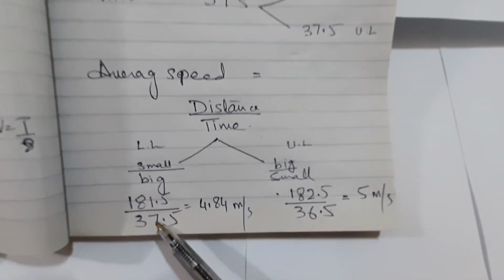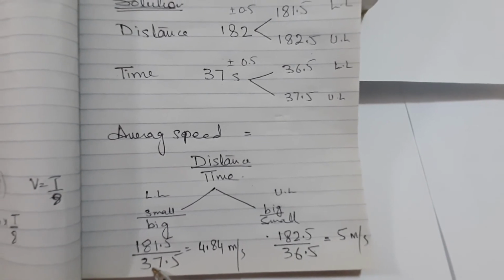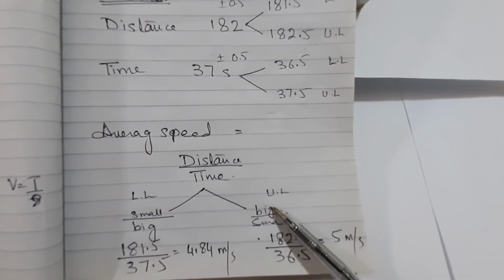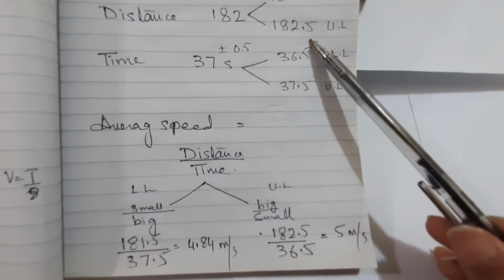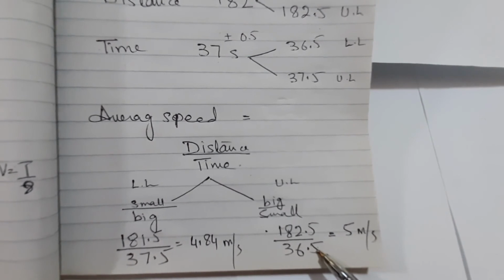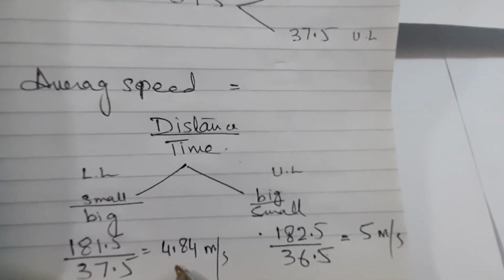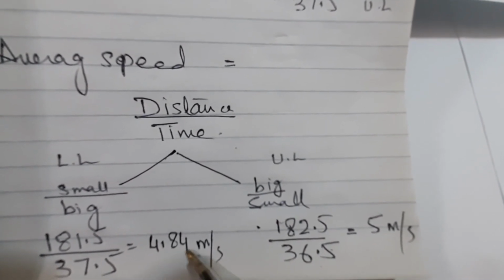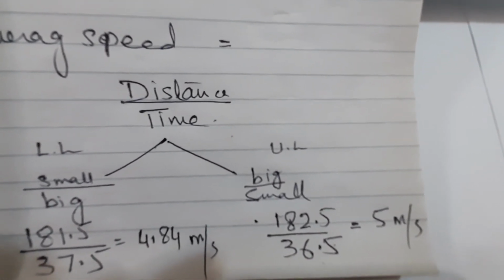For the upper limit, distance is big, so 182.5, and time is small, 36.5. This is how I will substitute and then divide. So my lower limit of the speed is 4.84 meter per second and upper limit is 5 meter per second.